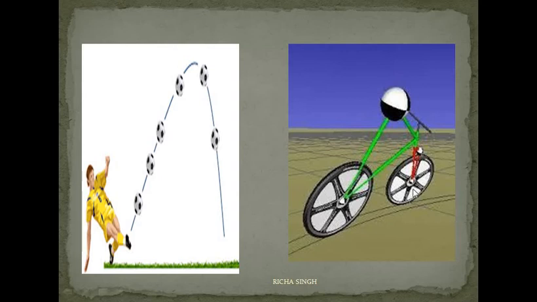In the same way, cycles or motorbikes stop when brakes are applied. Again, what is happening? When a person applies the brake to the moving bicycle, the surface of the brakes offers friction to the surface of the moving wheel and the bicycle stops due to friction.